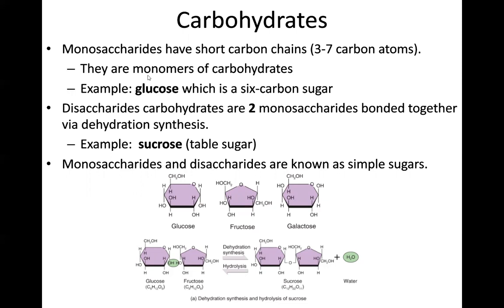We classify the monos as the monomers. These are the building blocks for all other carbohydrates. Example would be glucose, the one we'll talk about the most this semester, which I've already mentioned before, is C6H12O6. If you were to go through and count up, you'd be able to find 12 hydrogens, and 6 oxygens.